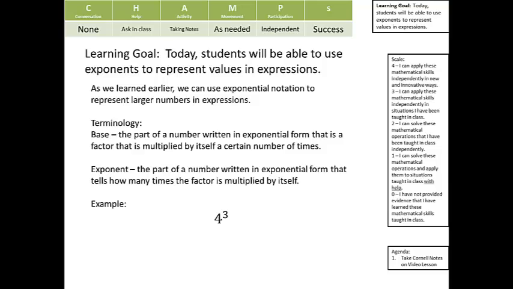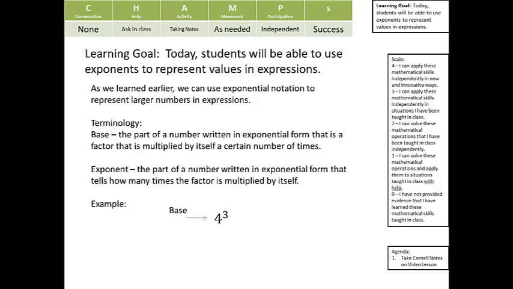So here's an example. This number 4 with an exponent of 3, or that 3 that's written in a superscript form, represents 4 to the third power. Alright, and the parts that we just talked about, the base is the number 4. That's the factor that we're going to multiply by itself.